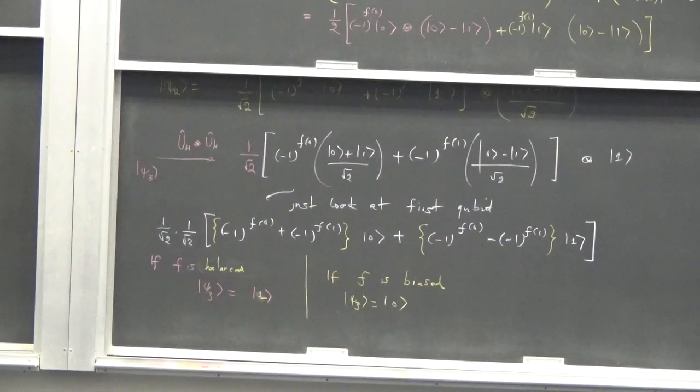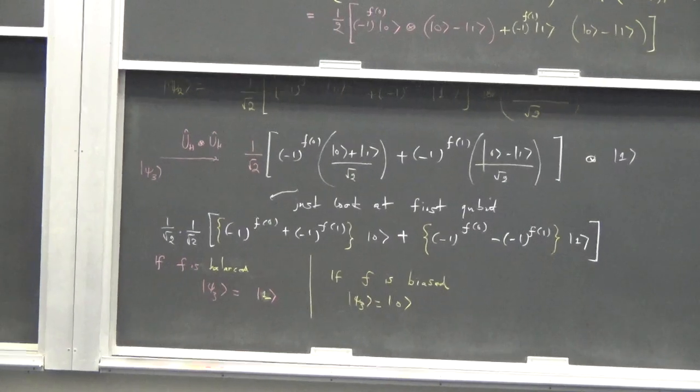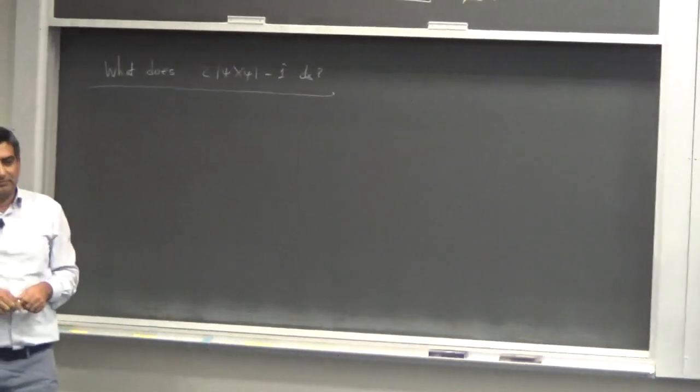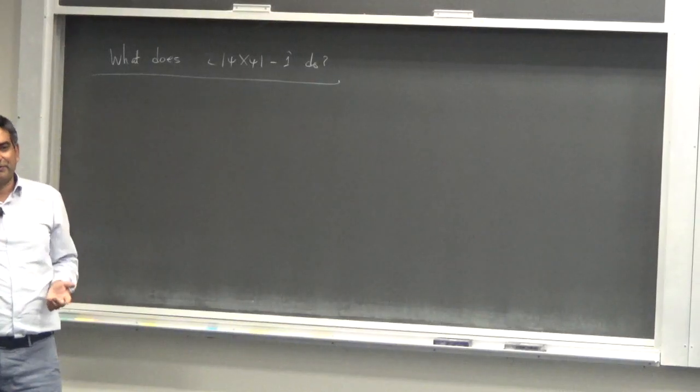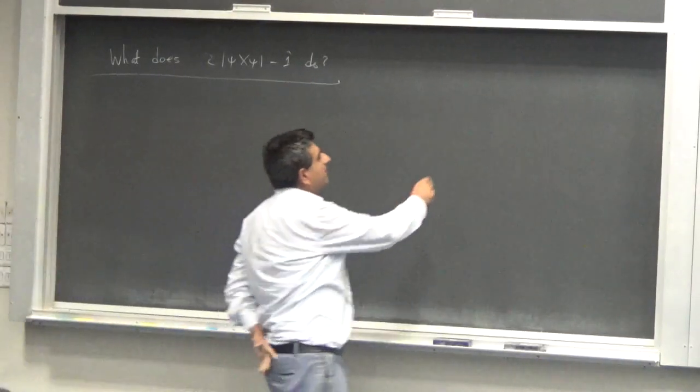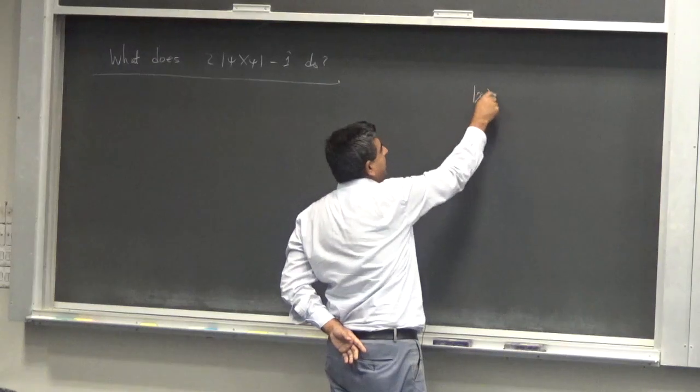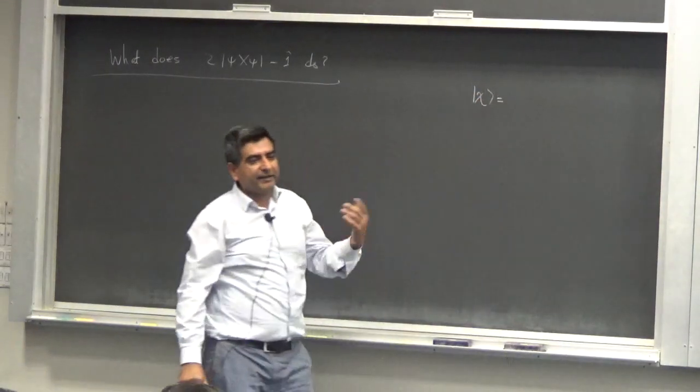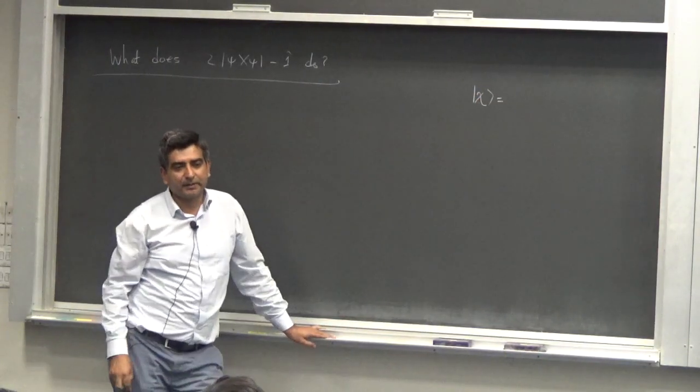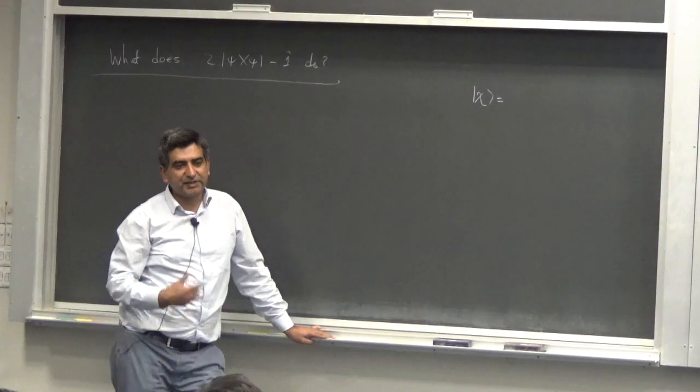So what does 2 ket psi bra psi minus identity do? Let's see what is the action of this operator on an arbitrary input state. If I take an arbitrary input state chi, how can I define it? What's the general form of chi?